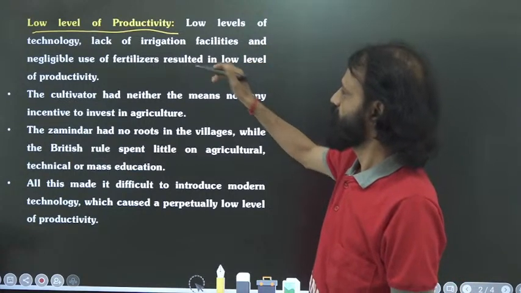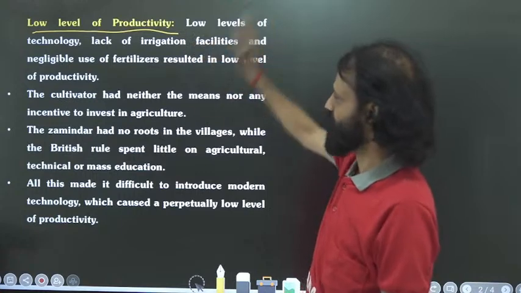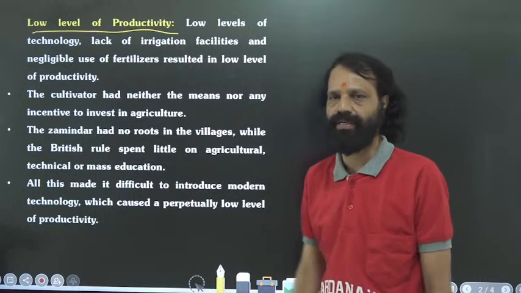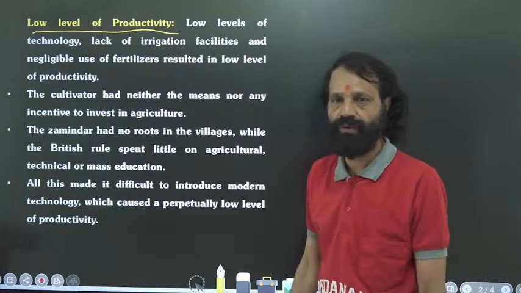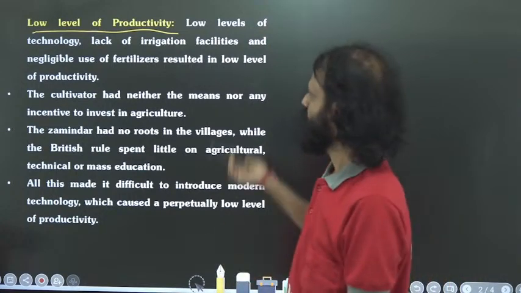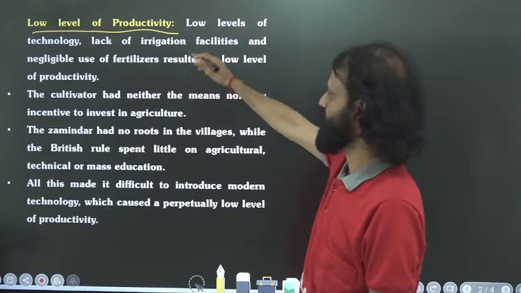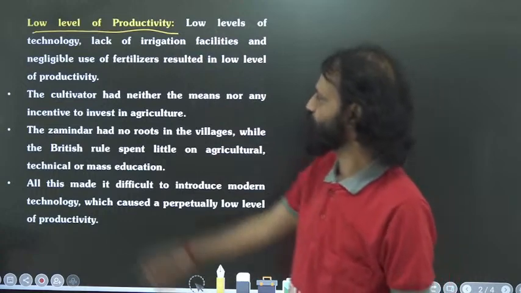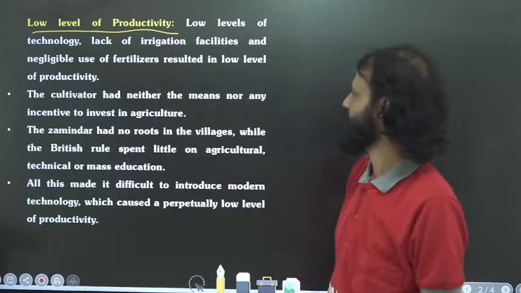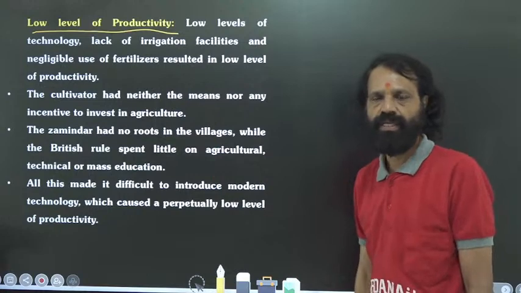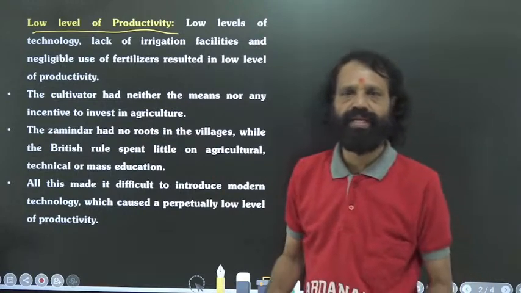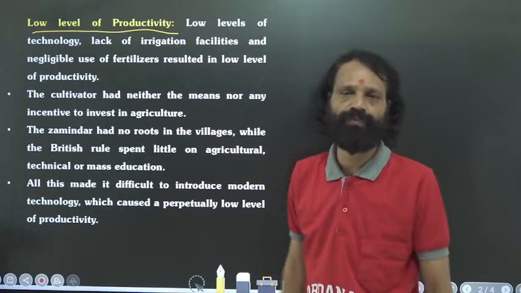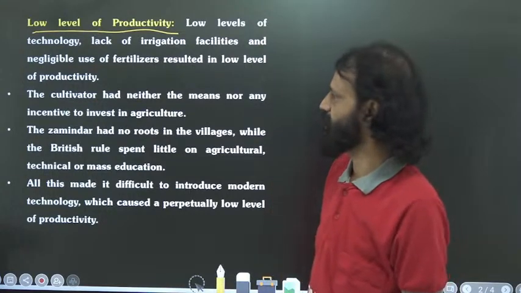But the low levels of technology, lack of irrigation facilities, water supply in the field for agriculture, that is known as irrigation facilities. A lack of irrigation facility was there, and negligible use of fertilizers resulted in low level of productivity. The productivity was very low, mainly in the field of agriculture and in the field of industrialization. Why?